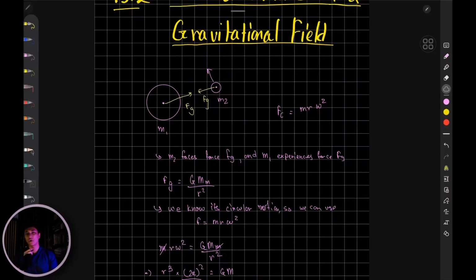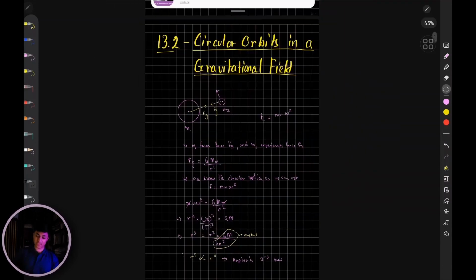We also know the formula from the previous video, that is of the gravitational field, the force due to an object's gravitational field. So we know both of these formulas. Now, from these two formulas, can we figure out anything about the orbit of the moon or any mass around the Earth? Yes, we can.